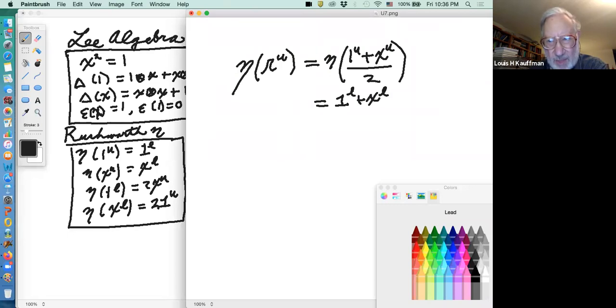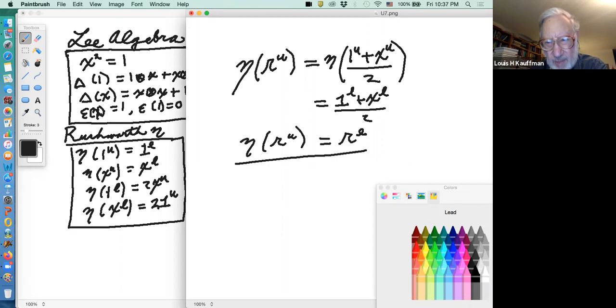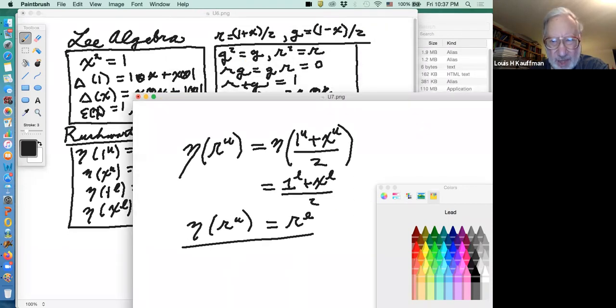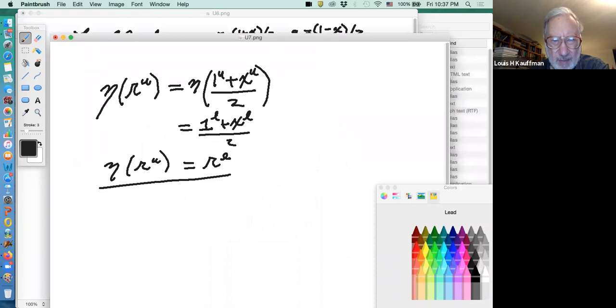And so this will be this divided by 2, which is, of course, RL. And so you see we have eta of RU is equal to RL. All of these are of that ilk, but there are some that have a little sign changing in them that are related to this sign change here. And so I will just say exercise, check the rest.